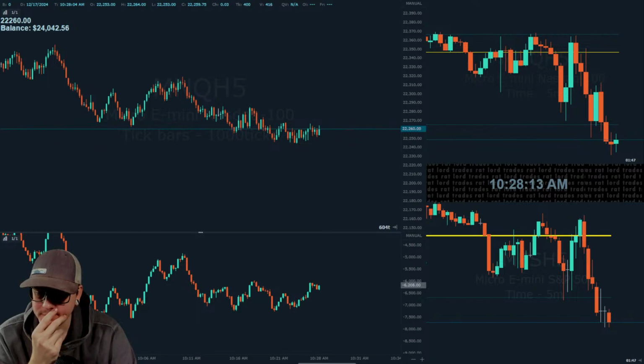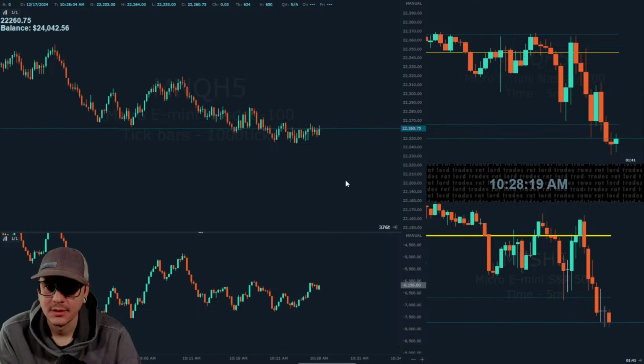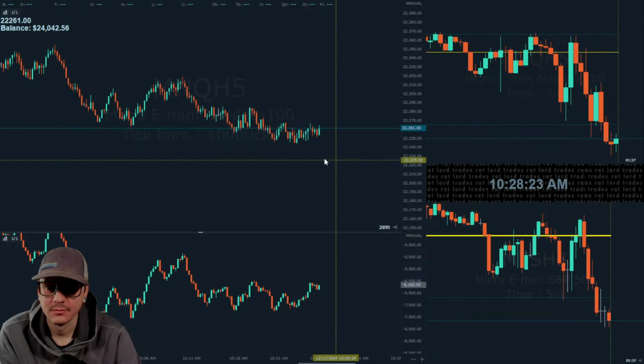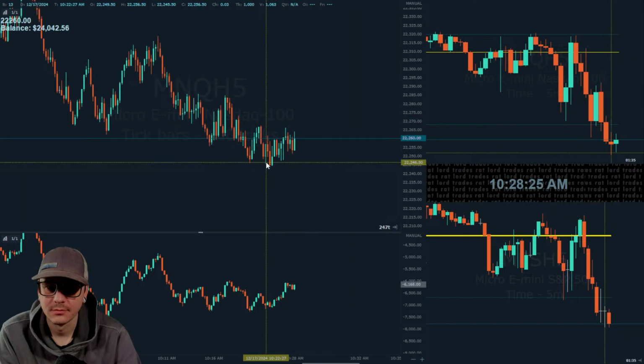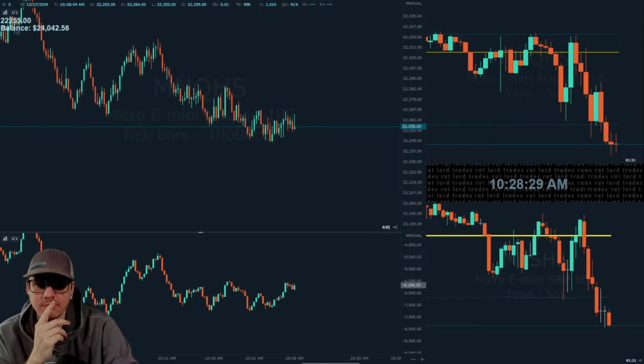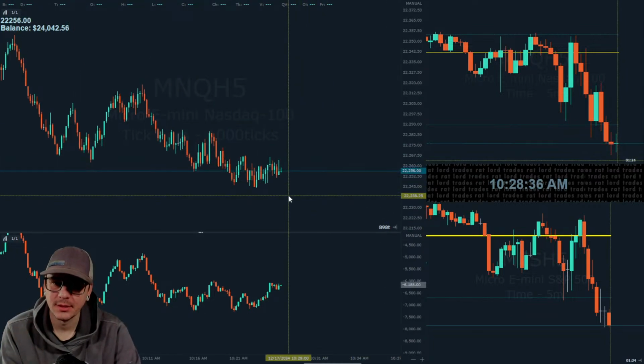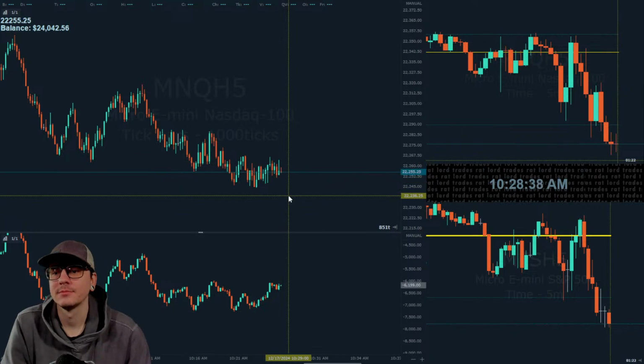Just get out. God. Probably going to just absolutely tank now and go straight to what we were wanting. If it does break lower, then we just enter with 10 micros, right?